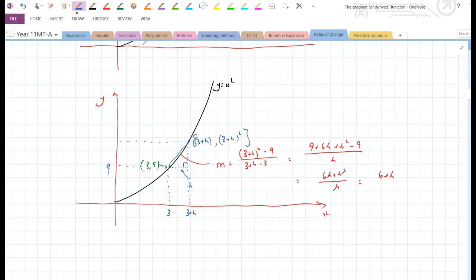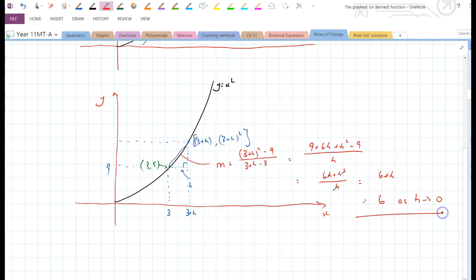Oh, that's interesting, isn't it? Now, what is our goal with h? Our goal is to make it as small as possible, as close to 0 as possible. So if we take h to ridiculously small values, so close to 0 it's not funny, what happens then is our gradient gets closer to 6.